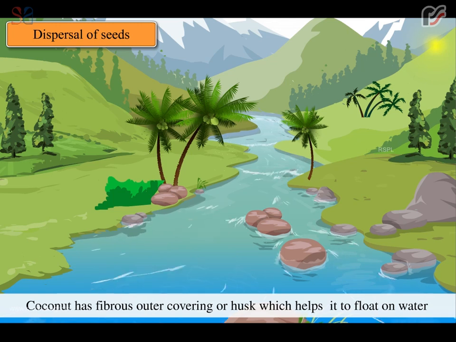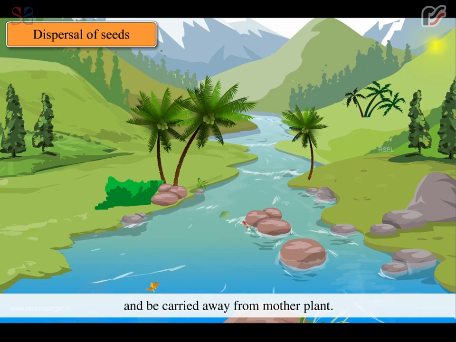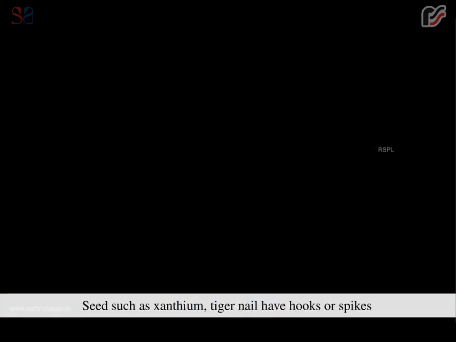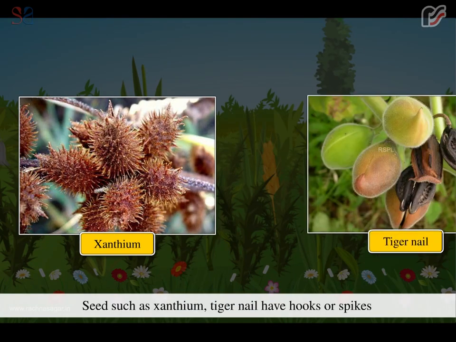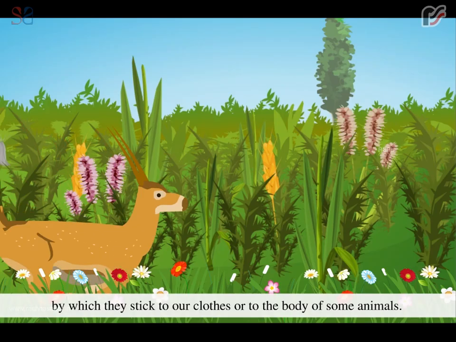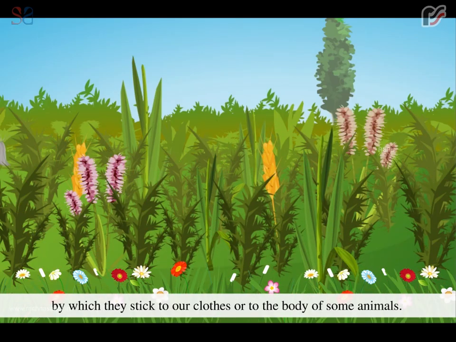Coconut has a fibrous outer covering or husk, which helps it to float on water and be carried away from the mother plant. Lotus is another example. Seeds such as xanthium and tiger nail have hooks or spikes by which they stick to our clothes or to the body of some animals. This is how they are carried away from the mother tree.